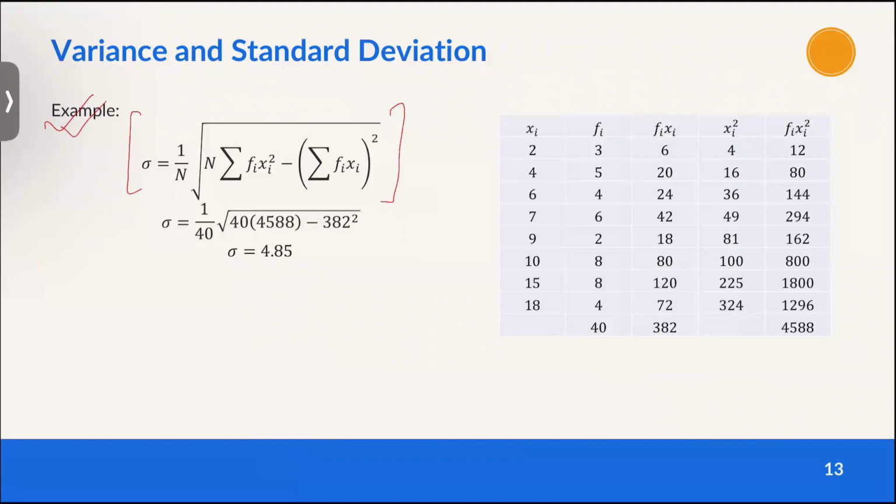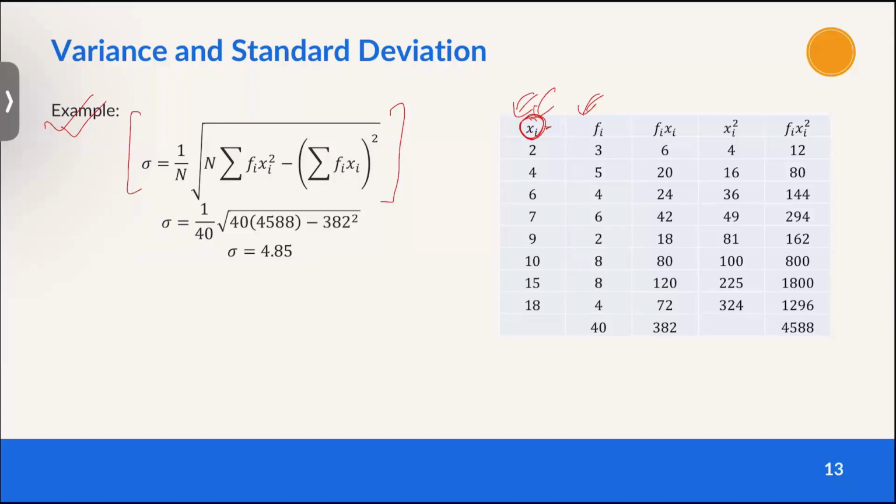So you see, I have the example here. I have used a discrete frequency distribution, but this can be done for a continuous frequency distribution as well. We will say that this is the midpoint if it is a continuous frequency distribution problem. This is xi, and the xi values are 2, 4, 6, 7, 9, 10, 15, and 18.